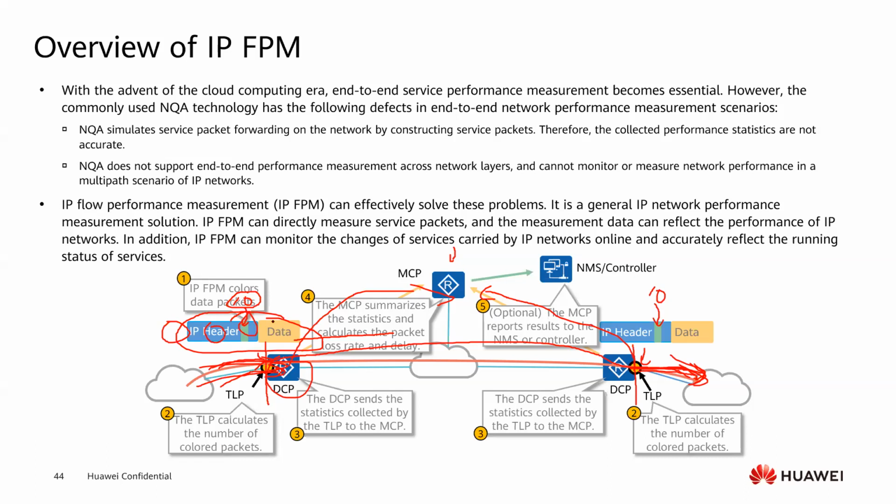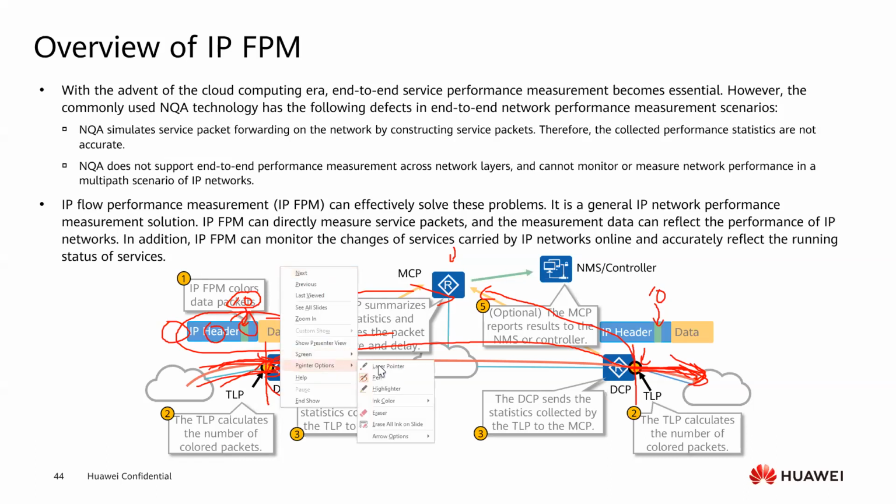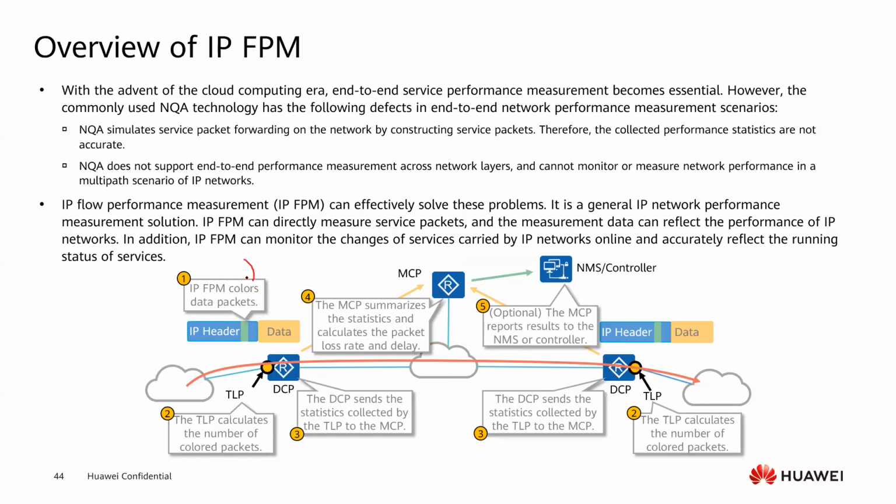And you can see this color is marked on the real traffic, which means the network situation you get from using IPFPM is a real result. It's not simulated by IPFPM or something.